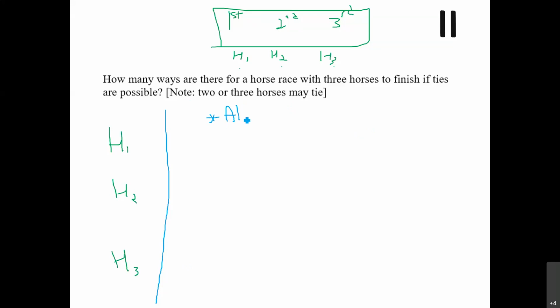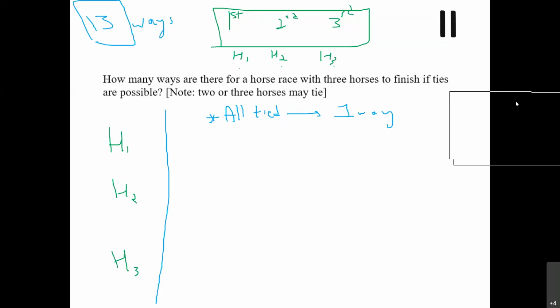If you say they all tied, then this could only happen in one way. You got 13 ways. Let's check if that's true or not. So if everybody tied, that's one way of happening. So like horse one, horse two, and three, they all finished first.